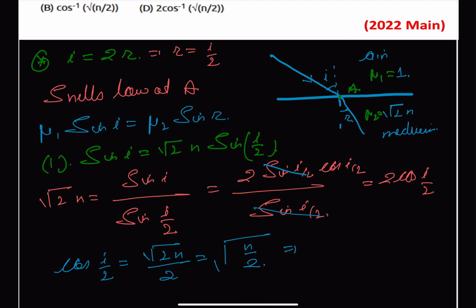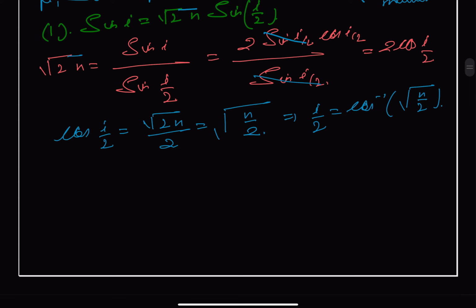So we can write this as I upon 2 will be equal to cos inverse square root of n divided by 2. Okay, this is complete square here also and here also. Everything is good now. Therefore, we can write that our angle of incidence, that is I, is equal to 2 cos inverse of square root of n divided by 2.